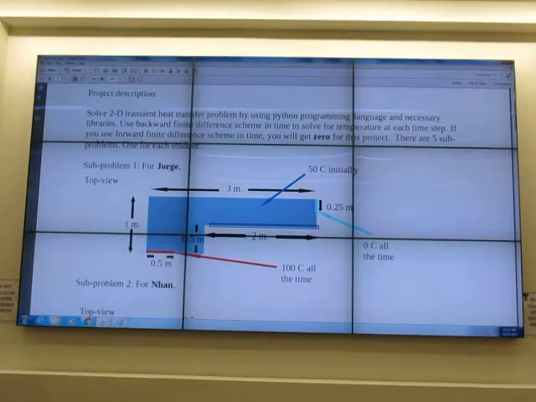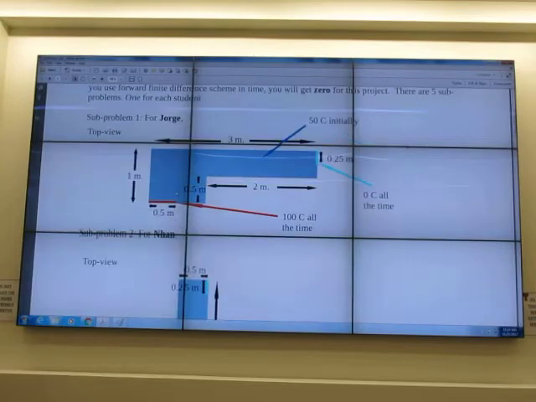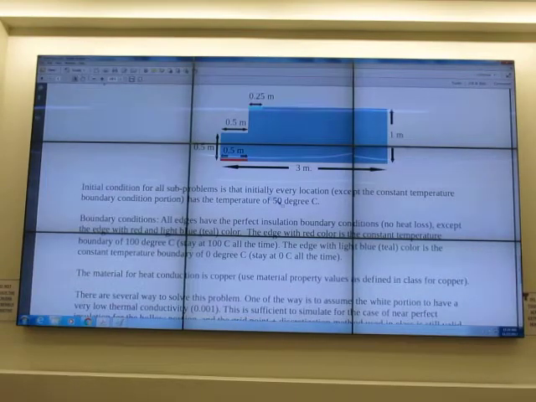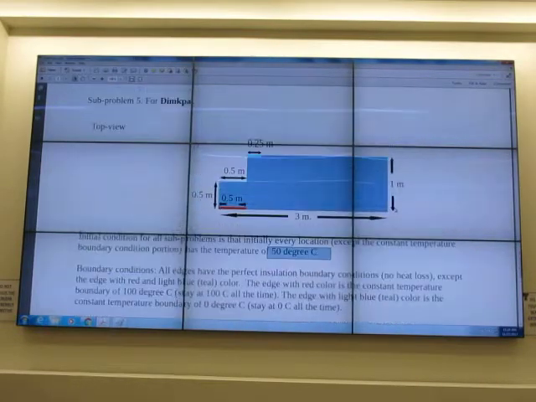And the red one is a constant temperature boundary condition. So for example, the red one is 100 C all the time. Teal color is 0 C all the time. Initially, the dark blue is 50 Celsius.